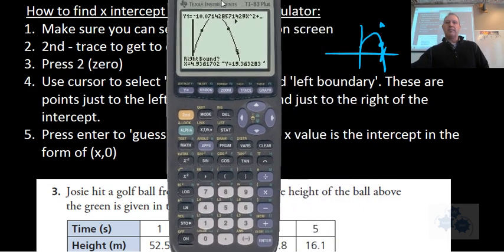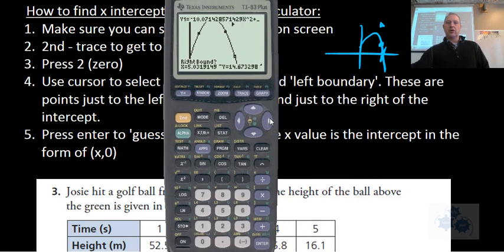Now it'll say right boundary. So you want to cursor over to the right until you get a little bit to the right of the intercept. And how do you know? You're going to be in negative y territory there, if you can't quite see it. Then you hit enter again. You'll have these two little arrows pointing at each other. That means we've told the calculator that I want to find an x-intercept in between those two arrows.